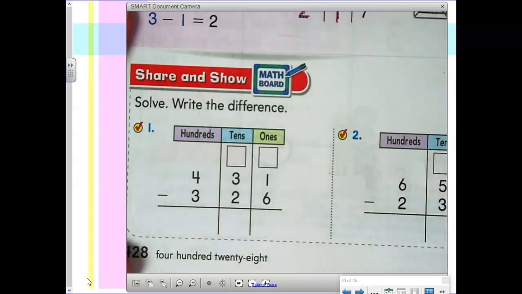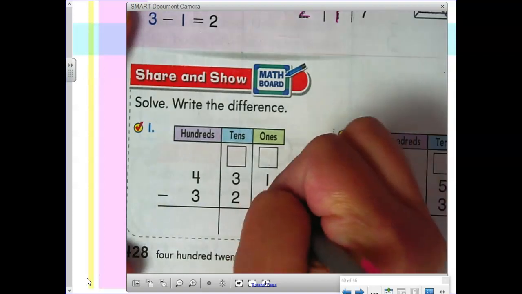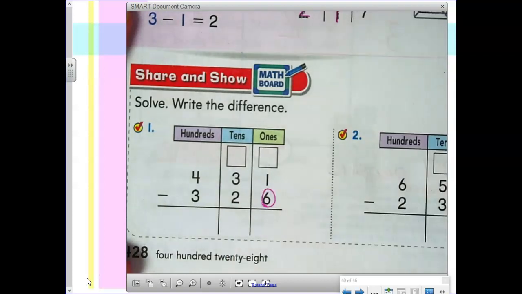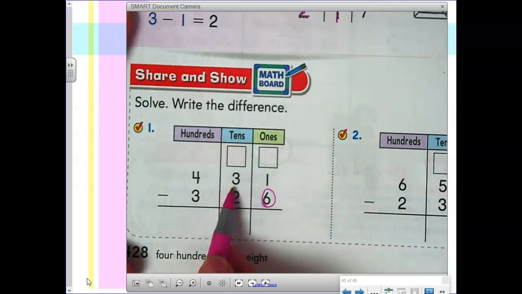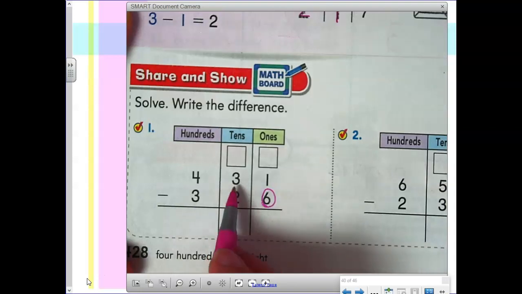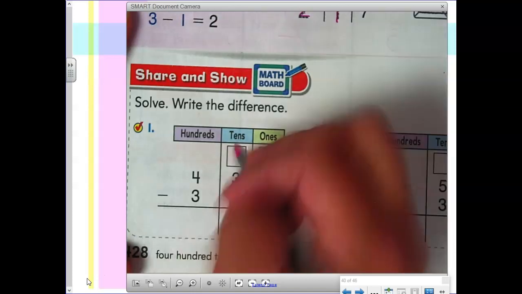Where's our big number? It's on the floor. If I have more on the floor, I have to go next door. You go right next door, guys, to the tens place. And I have to grab a group of 10. Grab 10 more. So if I take 1 away, 3 minus 1 equals 2.